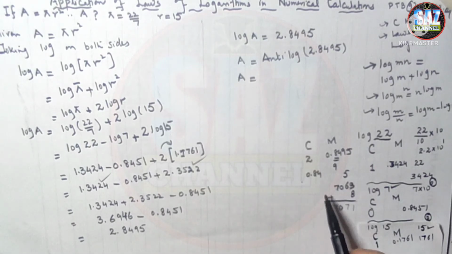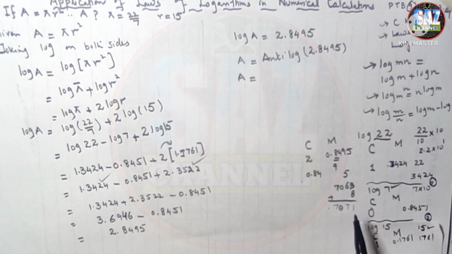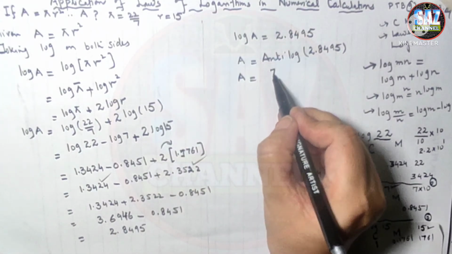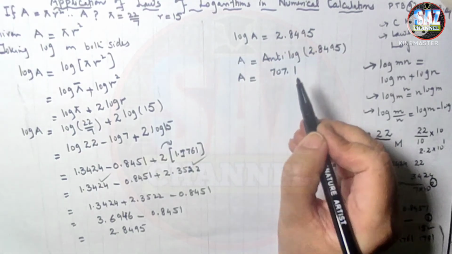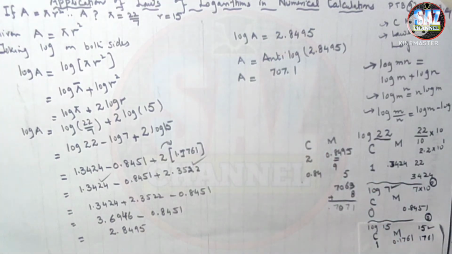As the characteristic is positive, so I will be moving decimal point 3 units towards the right, so the number will become 707.1. I hope you are really clear about this question, and please be careful while you are working. And I always advise it to my students that you have to recheck your working, and if there is small problem in your working, you can correct it, so that you should not waste time in your exam.